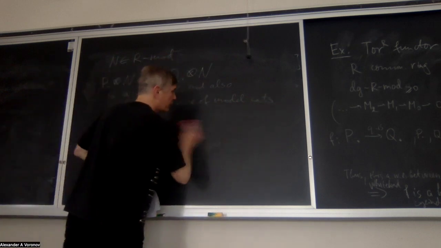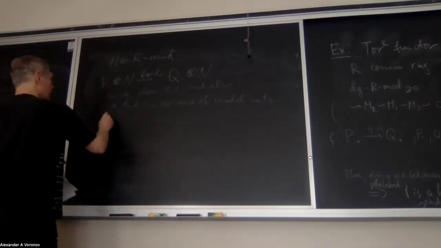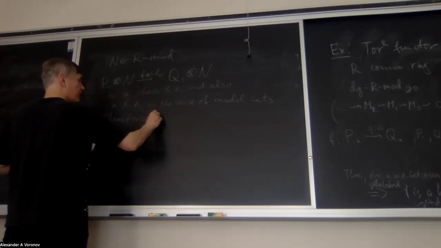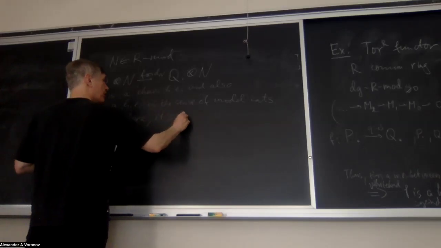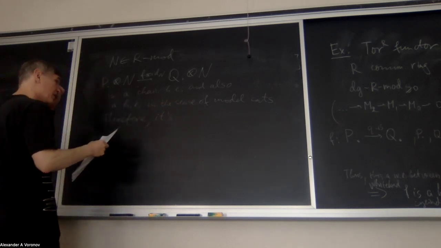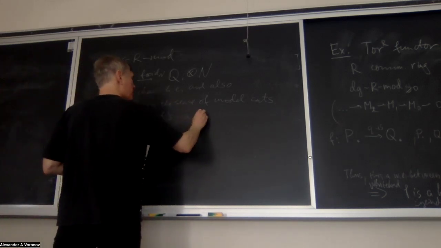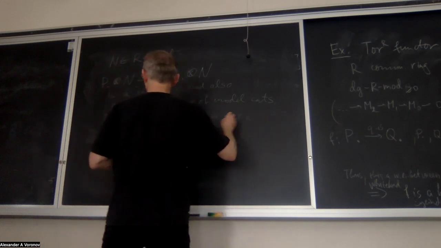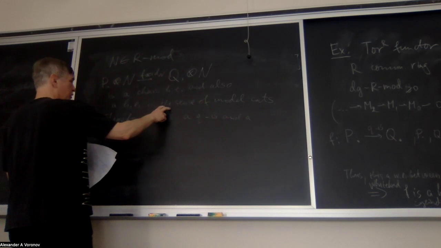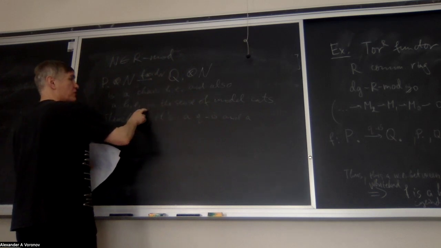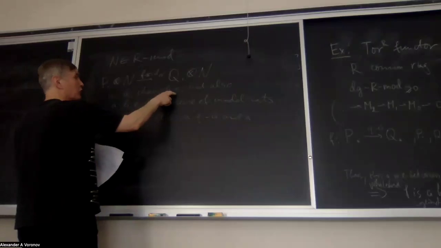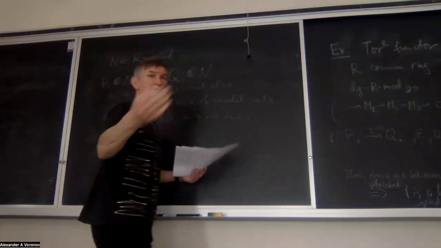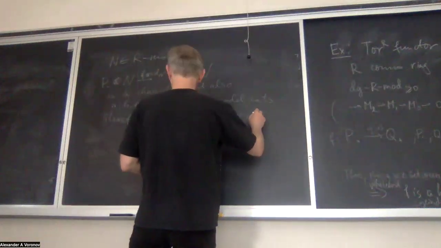And therefore it's a quasi-isomorphism. We didn't need to check that it's in the sense of model categories. It's enough to know that we have a chain homotopy equivalence, so it's a quasi-isomorphism. We can use the isomorphism with homology.